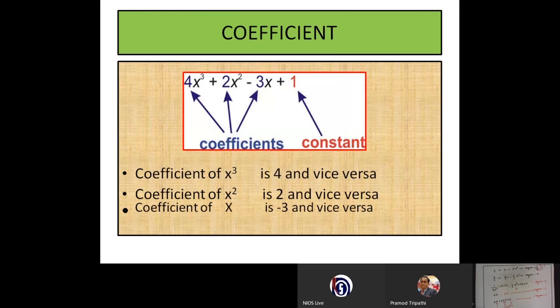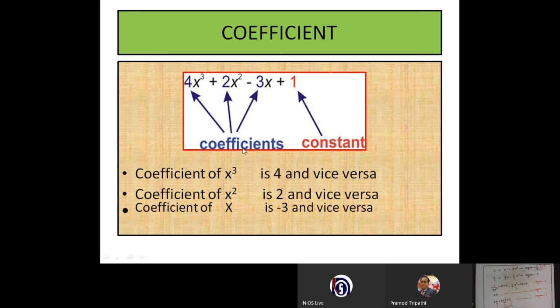Now we go to the coefficient again. 4x cube plus 2x square minus 3x plus 1. There are 4 terms. The coefficients are 4, 2, minus 3, and 1 is the constant here. The coefficient means the numbers which are multiplied by the variables, so these are known as numeral coefficients.